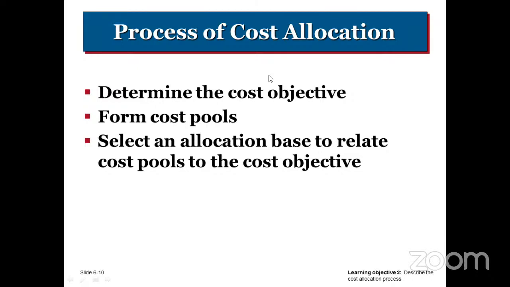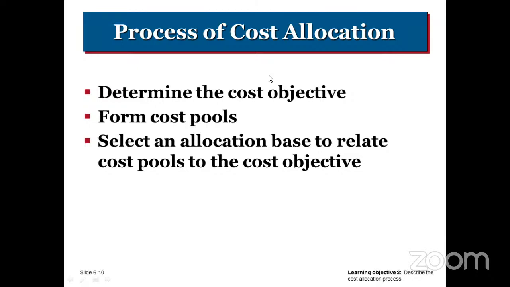Overhead cost is the one we always need to gather information on, because like the rents, the maintenance of the machine, the depreciation of the machine, whatever, all these costs you cannot easily assign to any product or any department. You need to come up with a basis to allocate all these costs to each product or division.